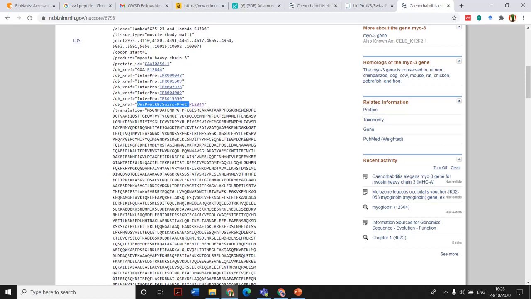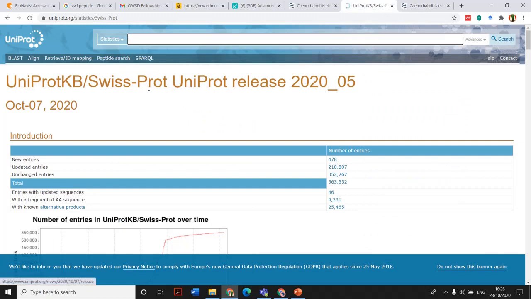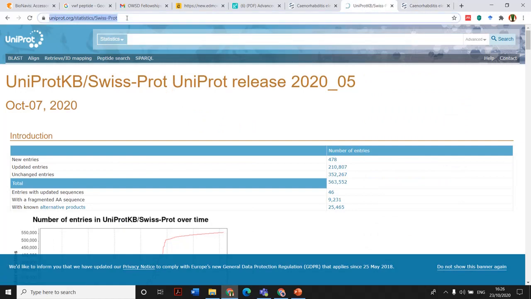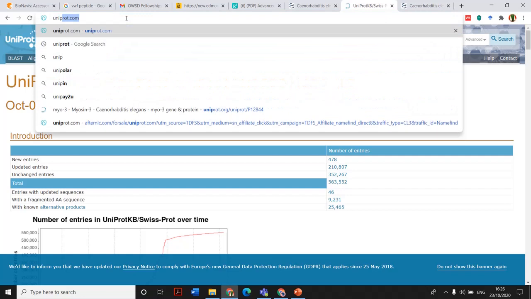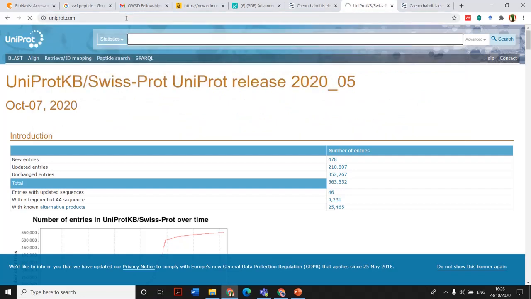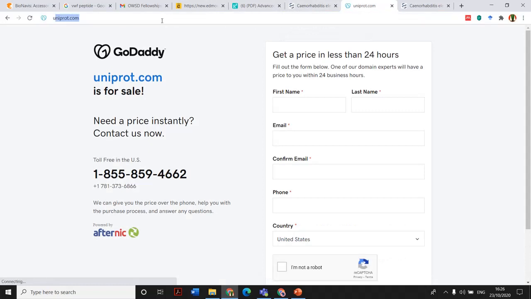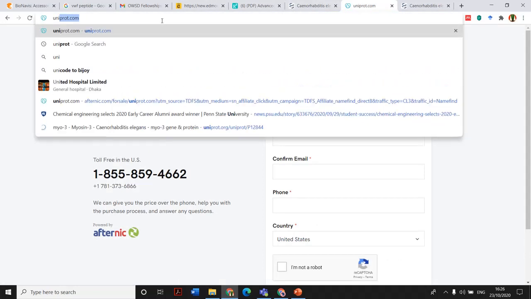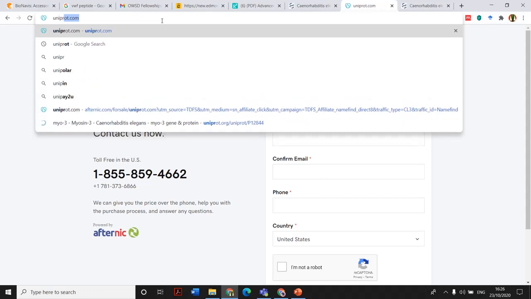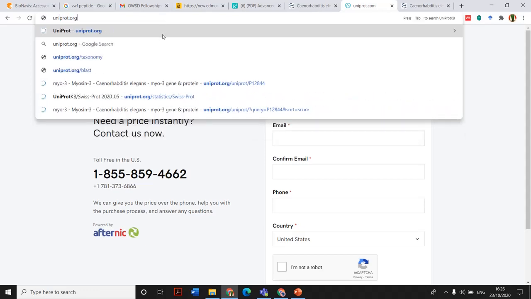NCBI is not the only protein database in the world. That's American based, and there are these European database places, UniProtKB or SwissProt. Okay, so if I just write uniprot.com, no, uniprot.org, is it?